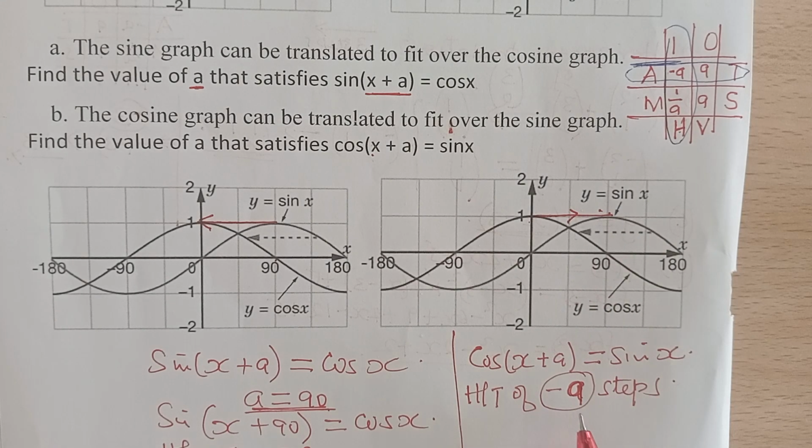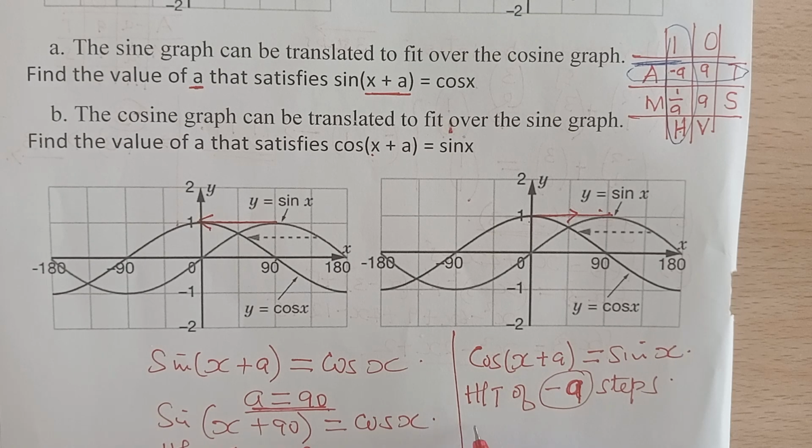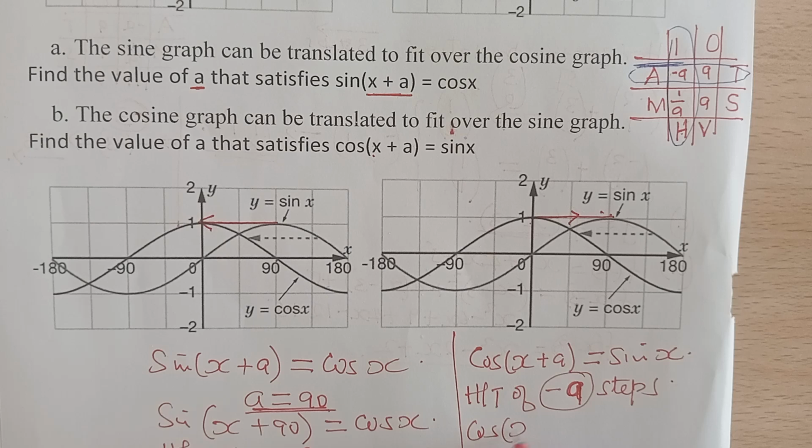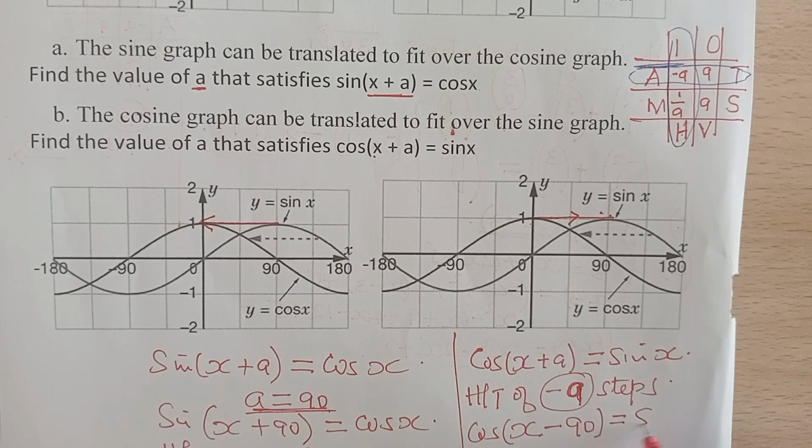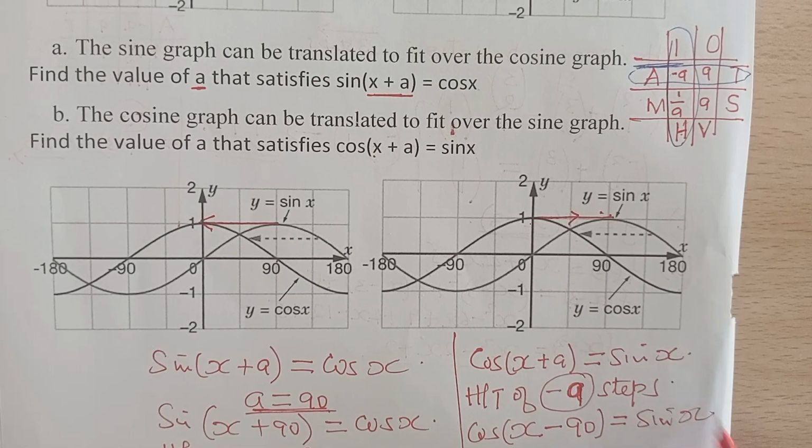How do we make a negative constant positive? We multiply by -1. And therefore we can say the cosine of x minus 90 is equivalent to the sine of x.